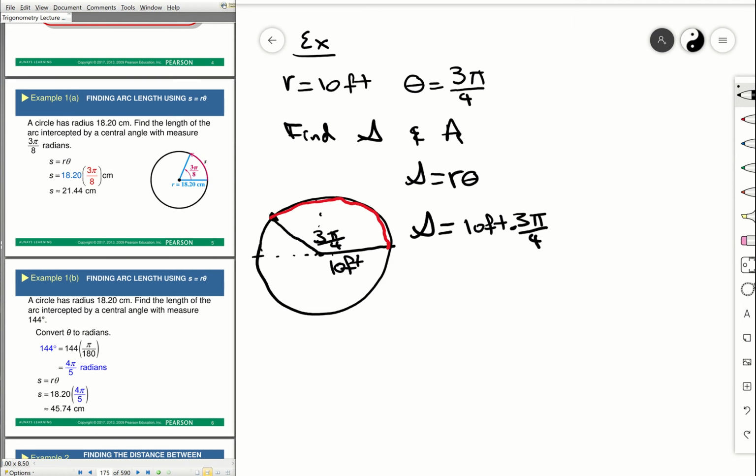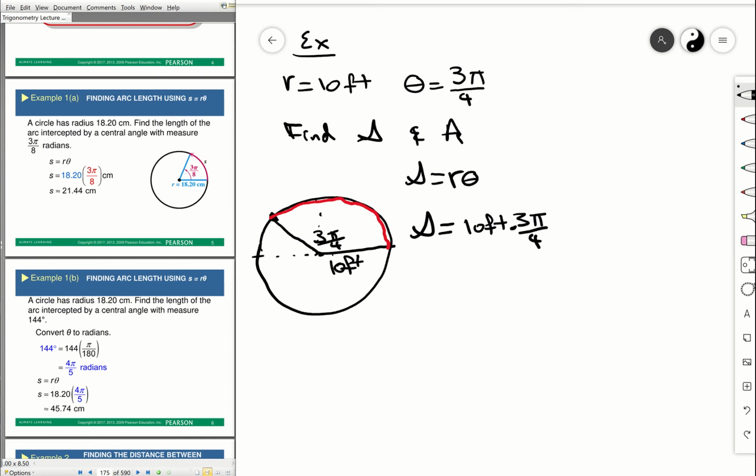Notice that the way we derived the two formulas indicated that we used radian measures. So anytime we want to use these two formulas, we need to make sure that the angle is given in radian measure. If it's not, we can still find the arc length and the area, but we would have to do a conversion from degree measure to radian measure so that it works out correctly.